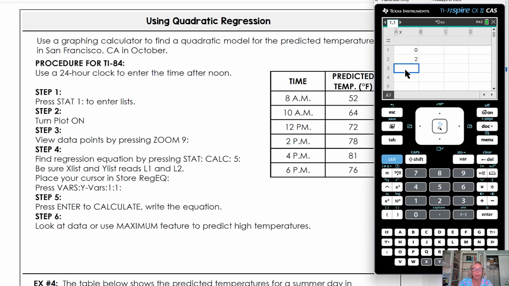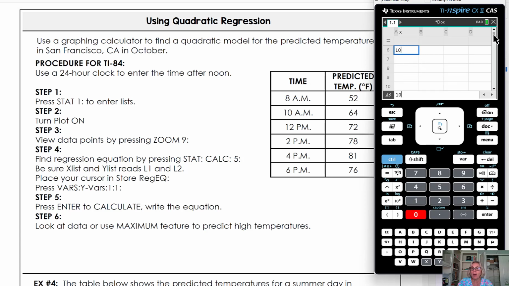And then 12 would be 4 hours later. 2 p.m. would be 6 hours later. 4 is 8. And then finally, our last one is 10.